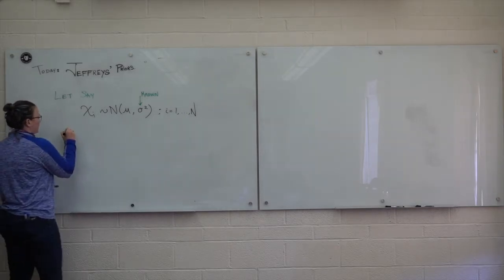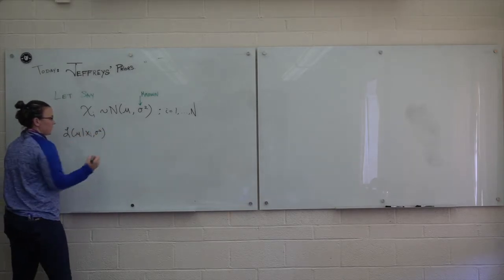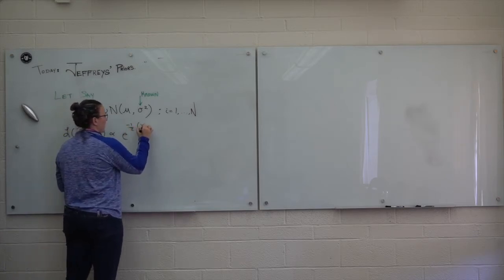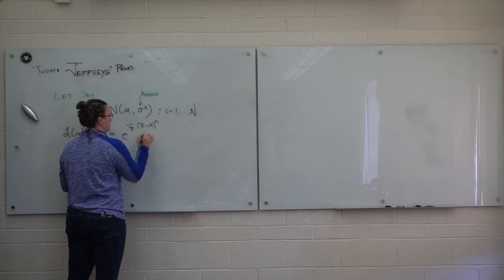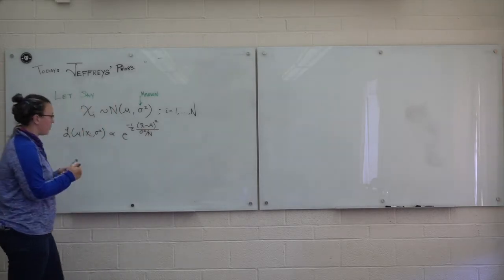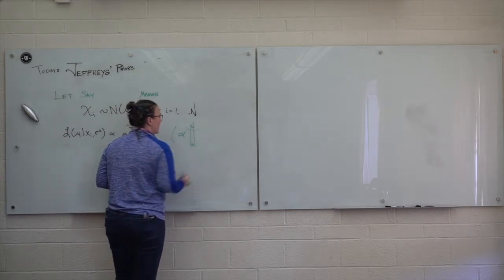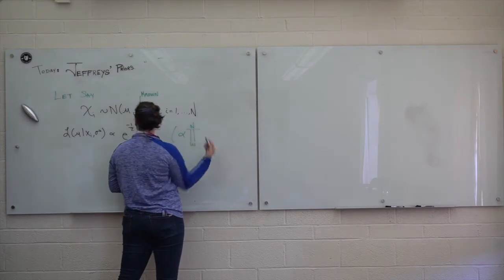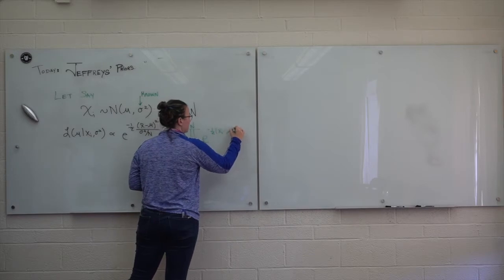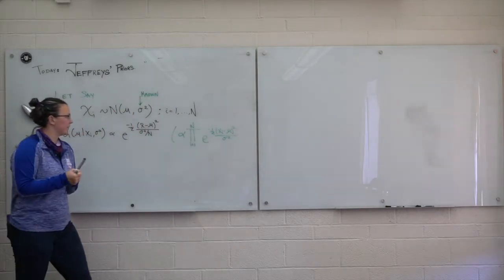We know the likelihood of mu, conditioned on all of our data and sigma squared, is proportional to e to the minus 1/2 times (x bar minus mu) squared over sigma squared over n. This is also proportional to, and you can verify it on your own, the product, i going from 1 to n, of e to the minus 1/2 (x_i minus mu) squared over sigma squared.